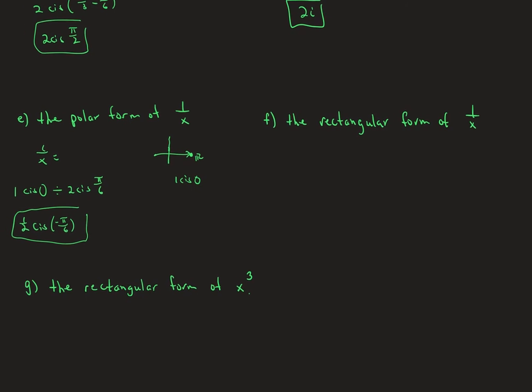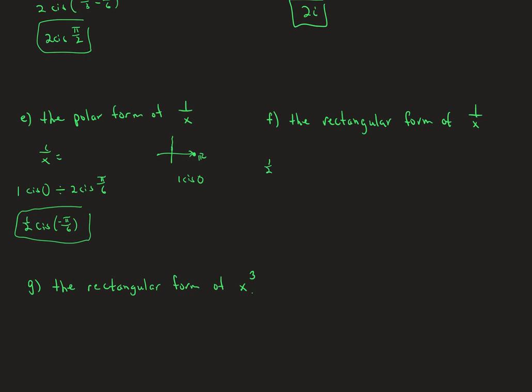In rectangular form, we're going to go 1/2 cosine of negative pi over 6 plus 1/2 i sine of negative pi over 6. So cosine of pi over 6 is square root of 3 over 2. In quadrant 4, that's still going to be the square root of 3 over 2.